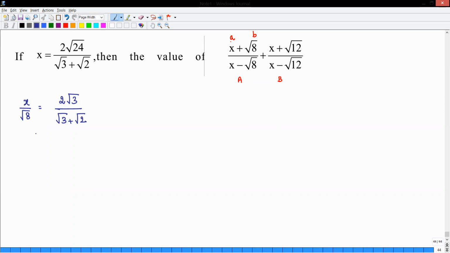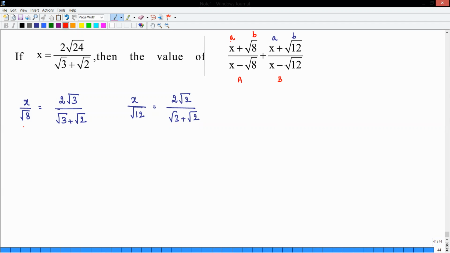Why have I divided by root 8? Because I need a by b, which means x by root 8. For this one also, I'll take it as a and b only. I need to divide it by root 12. So if I divide it by root 12, x by root of 12 is going to be 2 into root 2 by root 3 plus root 2, right?